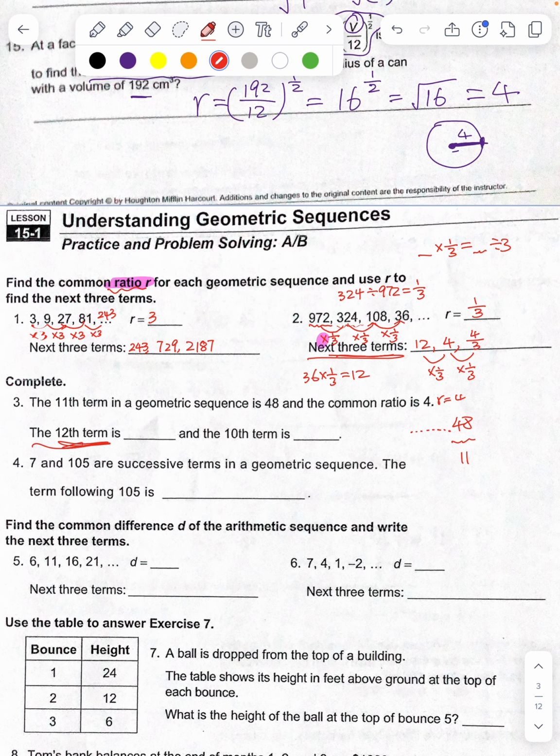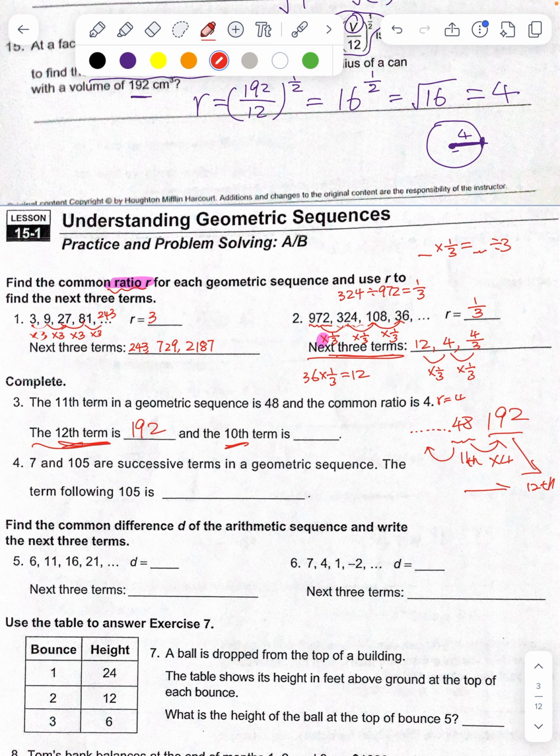For the 12th term, we multiply by the common ratio, right? So this is the 11th. We multiply by 4, we get the 12th. So 48 multiplied by 4 gets 192. Now we have to figure out the 10th term, which is ahead of 48.